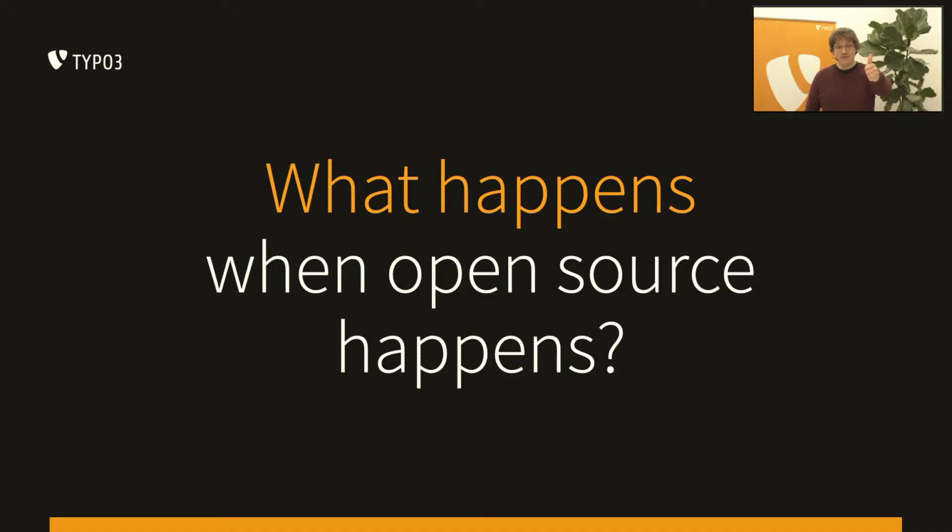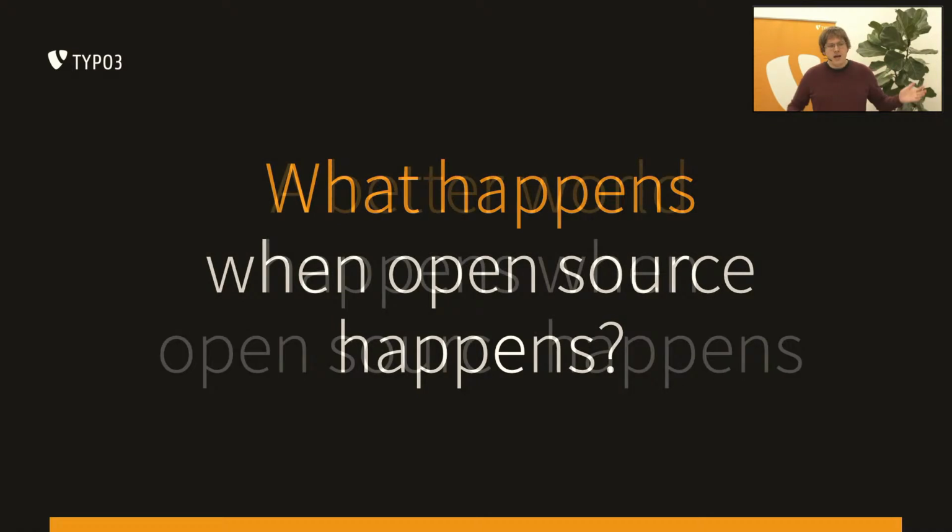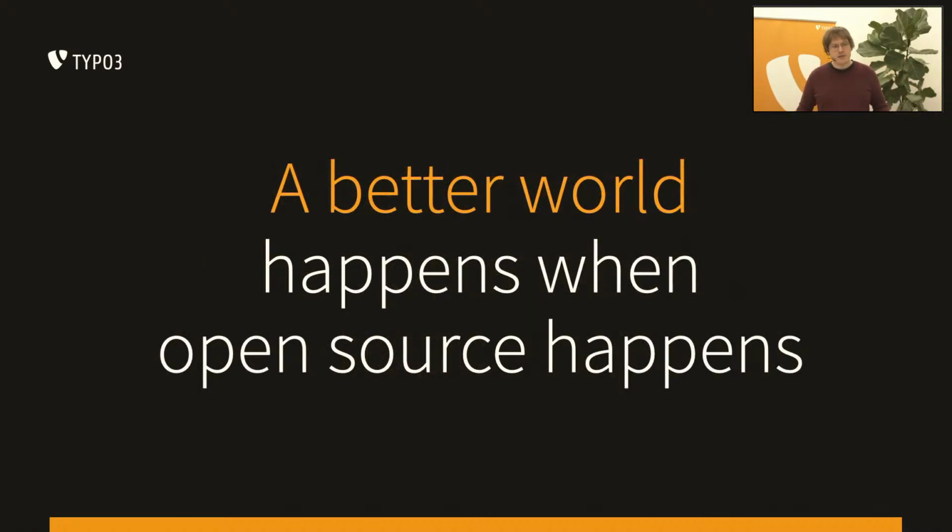You get open information, you get open conversations, and you get freedom. Those are all keys not only to software, but also to build a prospering community, to build a prospering country. So you could say in a way that a better world happens when open source happens. Fantastic.